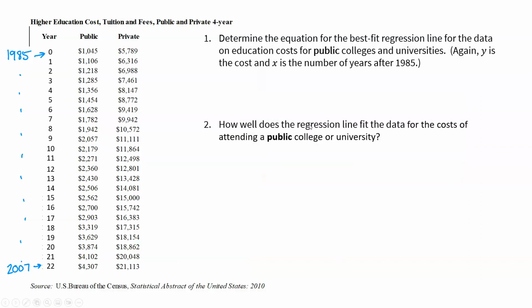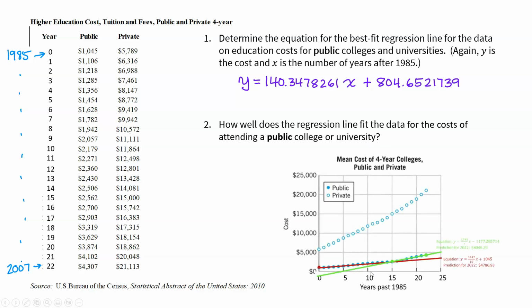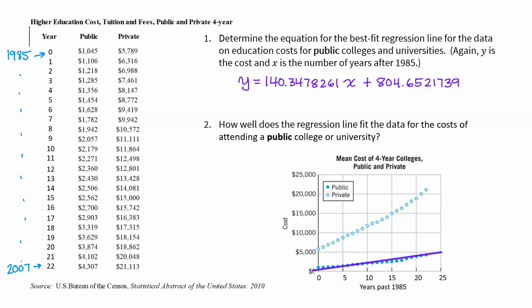So getting back to here, I got an equation that fits this. Now I wrote the number of decimal places that came up in that first thing, but how well does the regression line fit the data? Well, previously we had issues with the predictions we made in the previous situation. Here, the line did more along the lines of this. So it fits much, much, much better.